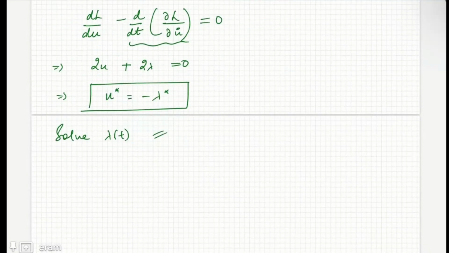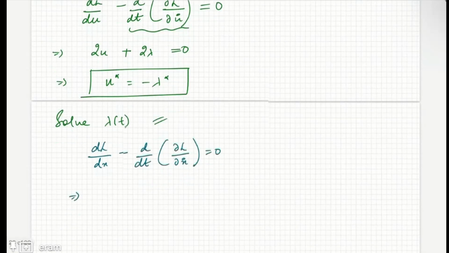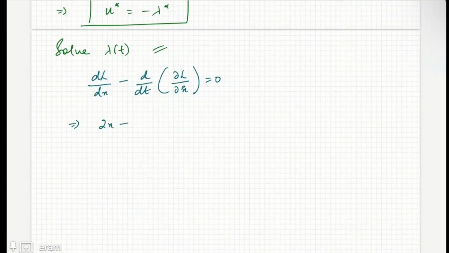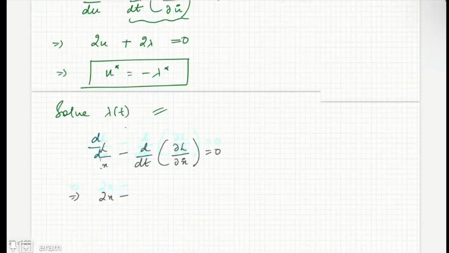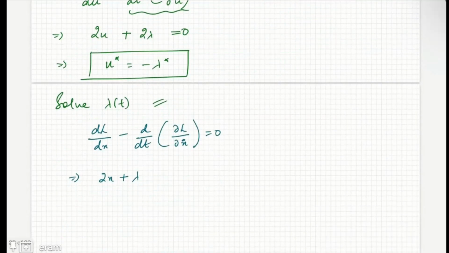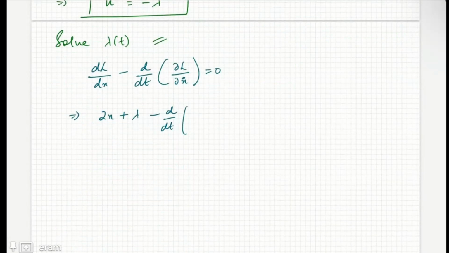And that we can do by again solving the Euler equation with respect to the state x. That is given as dL by dx, which is 2x plus lambda, and then for x dot, minus d by dt with respect to x dot, it is minus lambda dot.